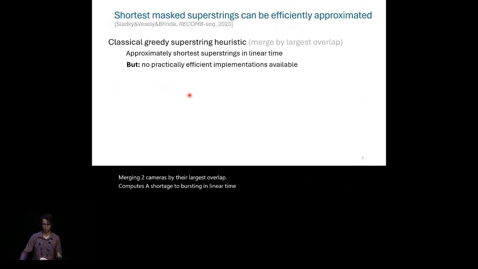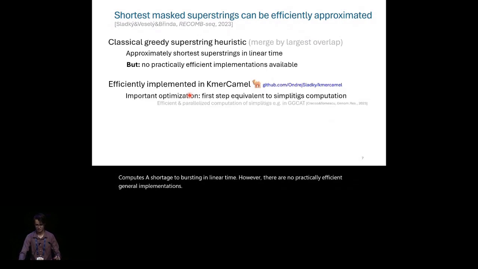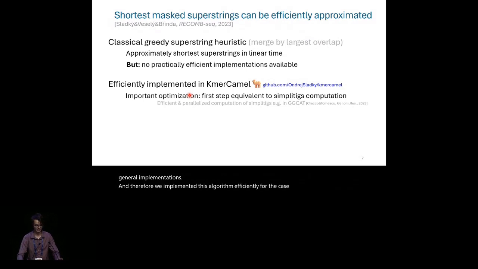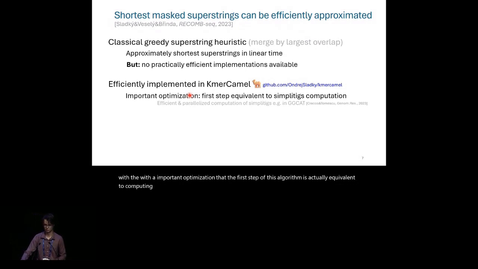However, there are no practically efficient general implementations, and therefore we implemented this algorithm efficiently for the case of k-mers in KmerCamel, with an important optimization that the first step of this algorithm is actually equivalent to computing simplitigs, for which efficient solutions already exist.